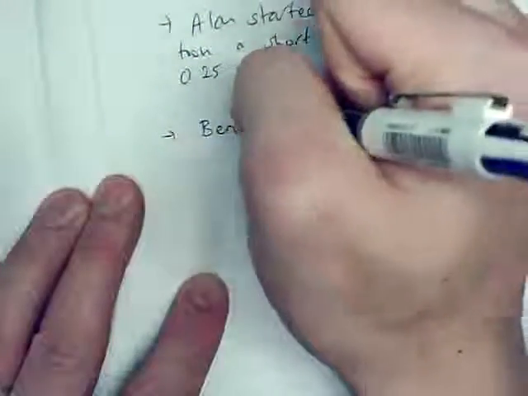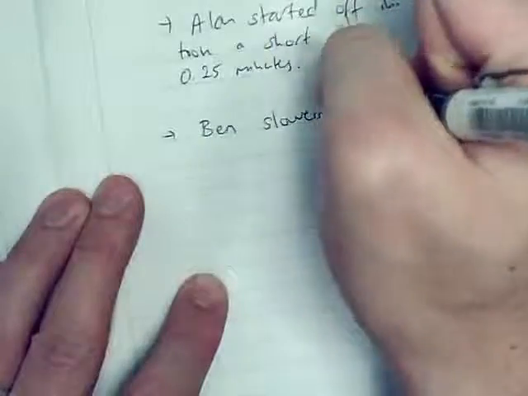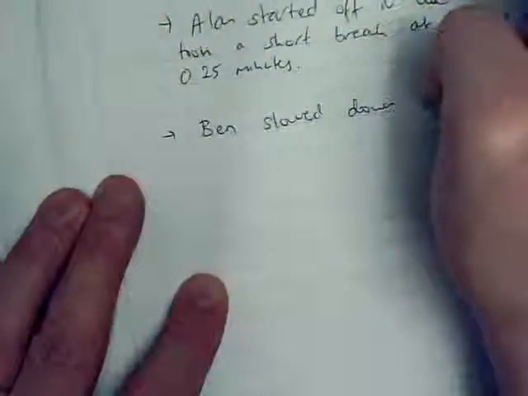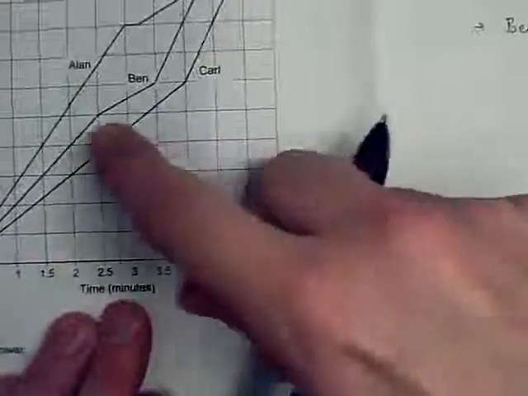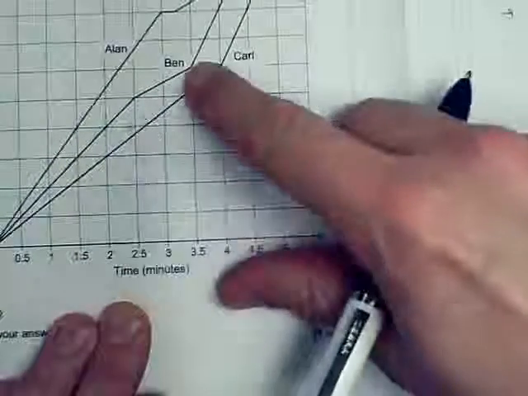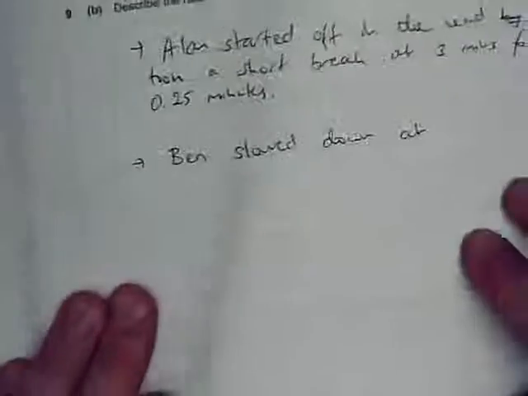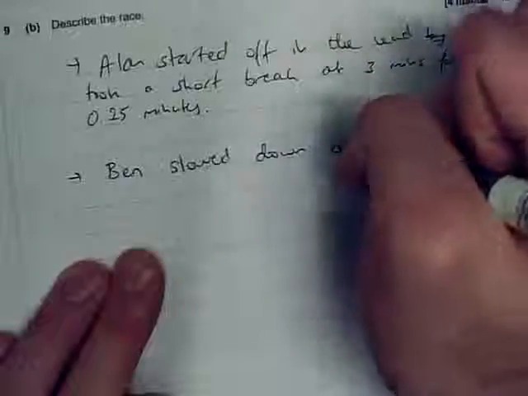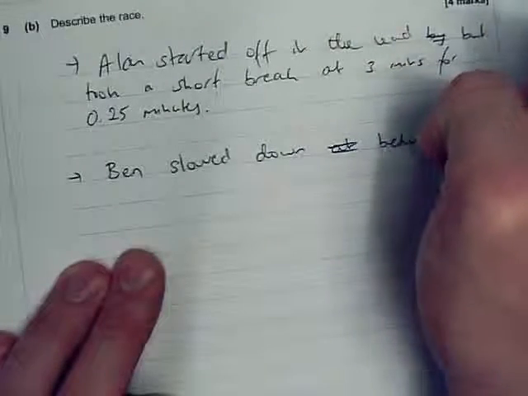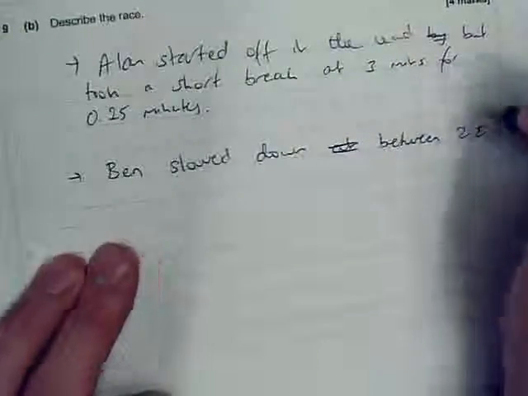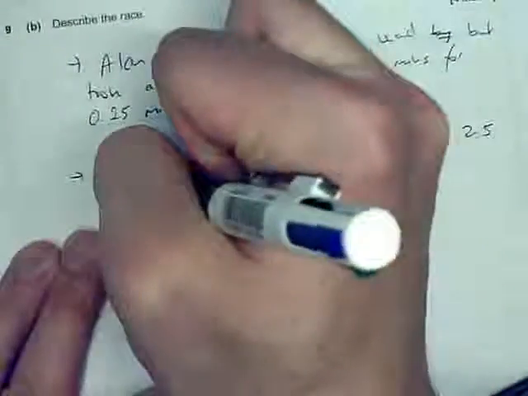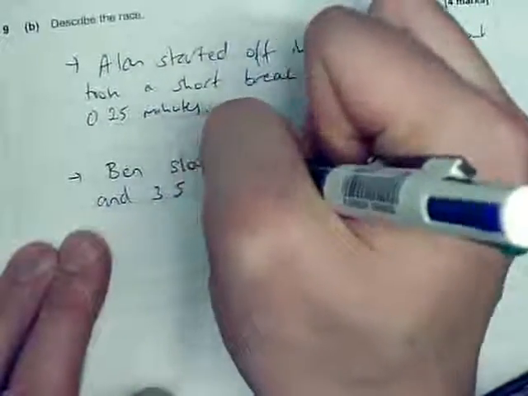So let's comment on this. So we can say that Ben slowed down. It's important to say when. So he slowed down at 2.5 to 3.5 minutes. So I might say slowed down between 2.5 and 3.5 minutes.